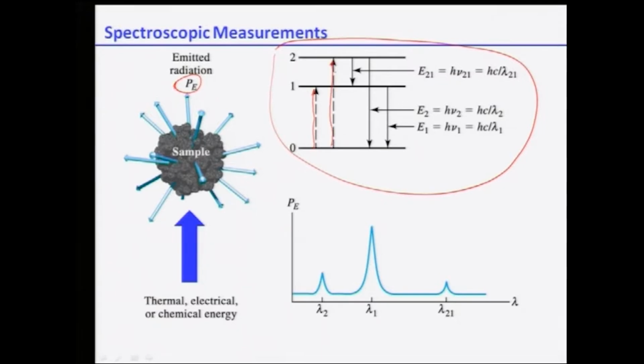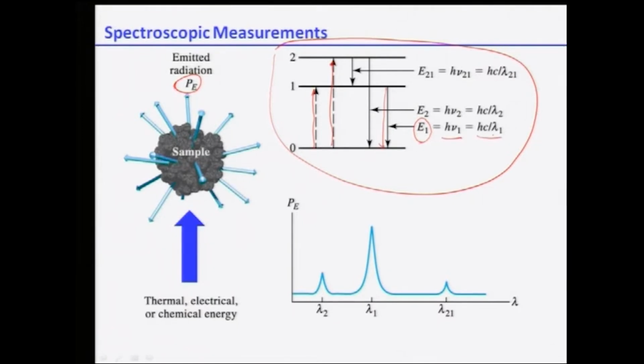Now, a very fast thing that can happen is that it can come back from state 1 to the ground state, which corresponds to an energy emission of E1, or can be related to h nu 1, or to hc by lambda 1.